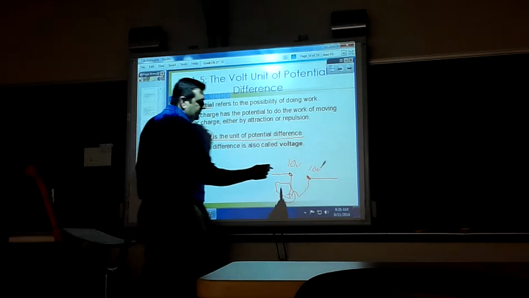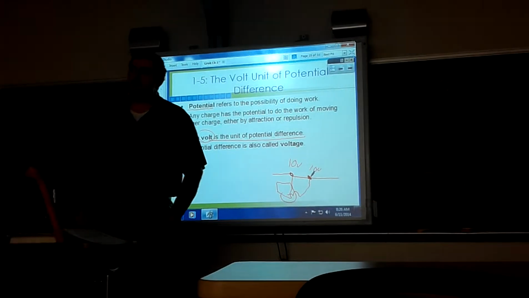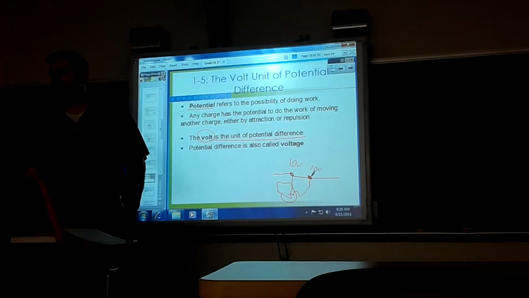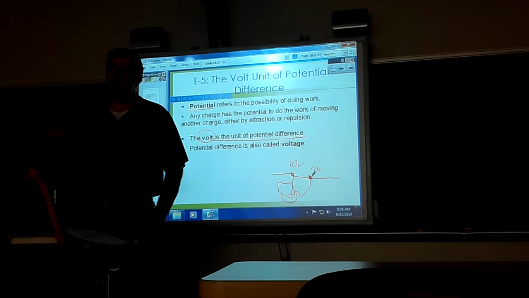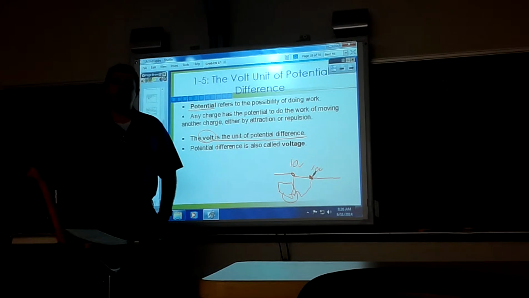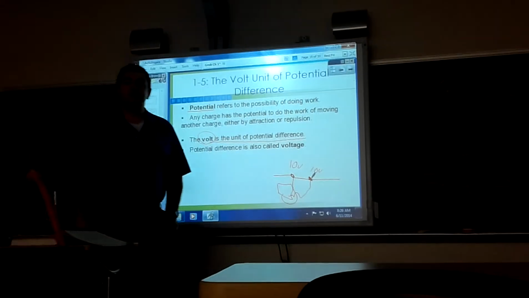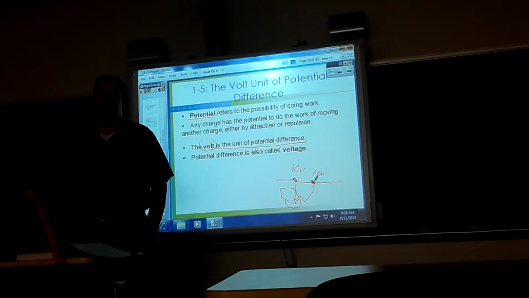Troubleshooting tip: you cannot measure voltage across a closed switch. If you close a switch, it's going to measure 0 voltage. If you open a switch, it's going to measure the amount of voltage across that switch because it's open.